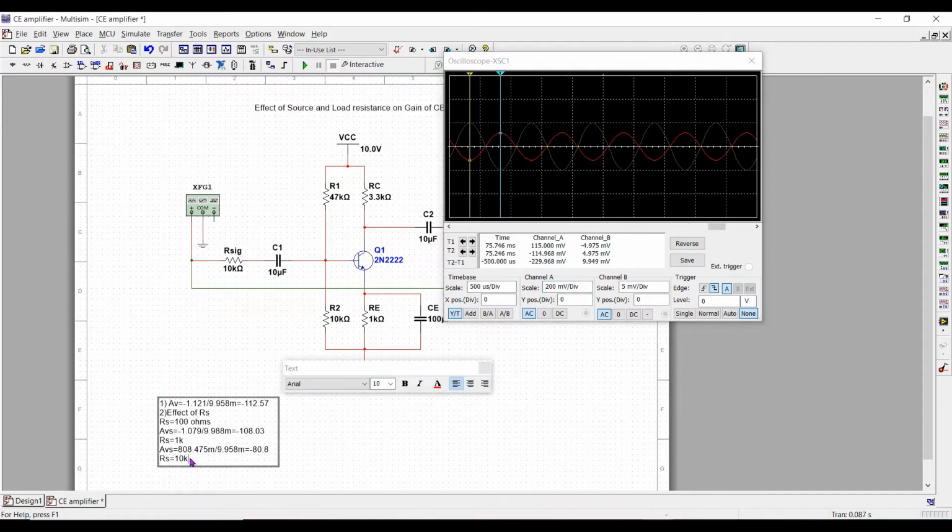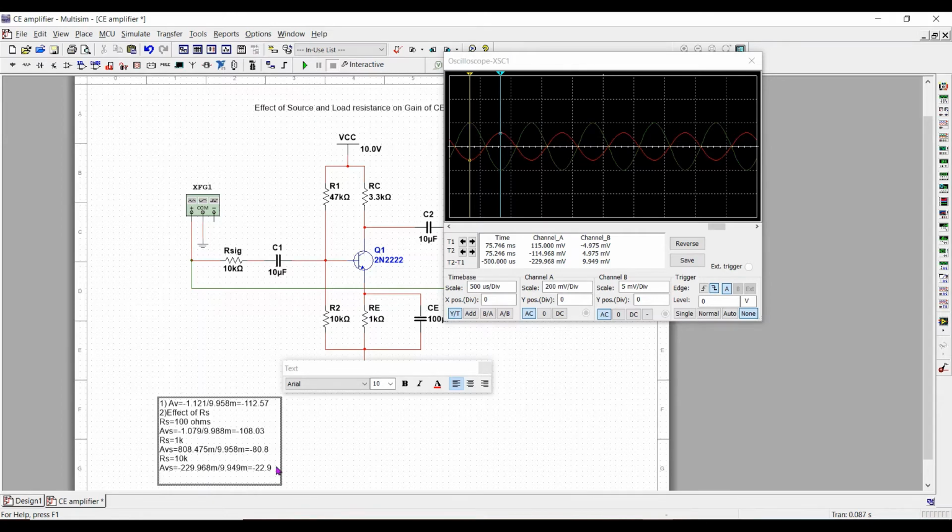So the value of AVS is equal to, output voltage is minus 229.968 milli. Please take care that channel A is connected as your output and channel B is connected as your input. Input is 9.949 milli. This is equal to 22.9. So the gain has further reduced to 22.9.